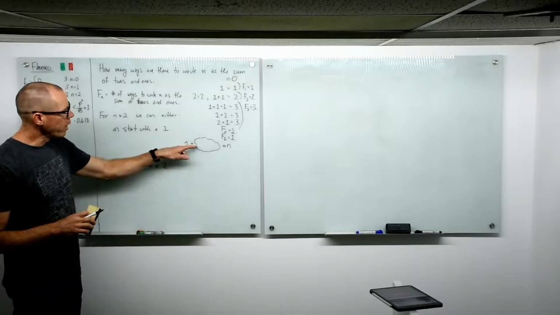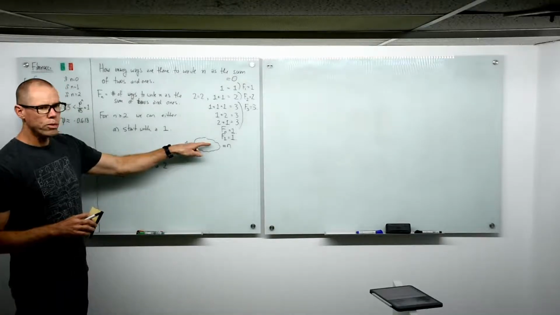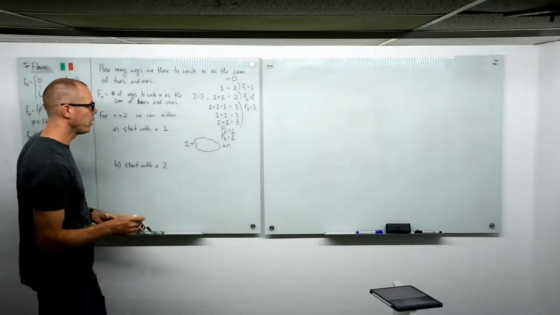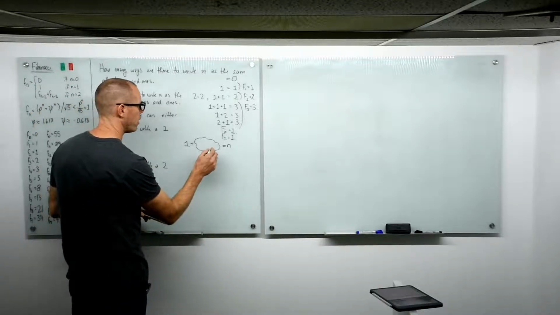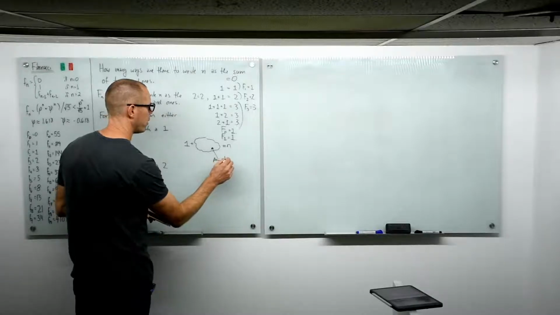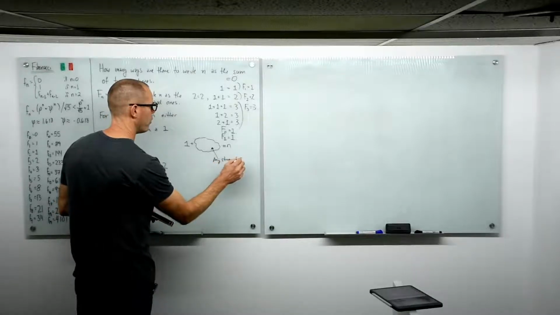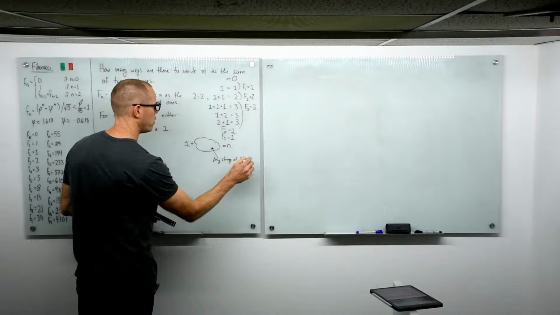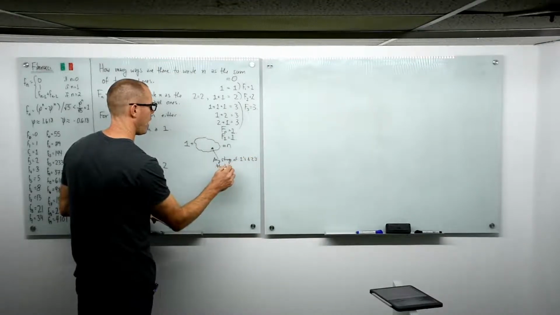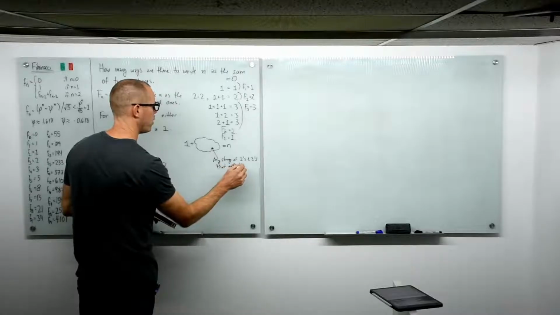Well, this is a string of 1s and 2s that adds up to n minus 1. So this can be any sum of 1s and 2s that adds to n minus 1.